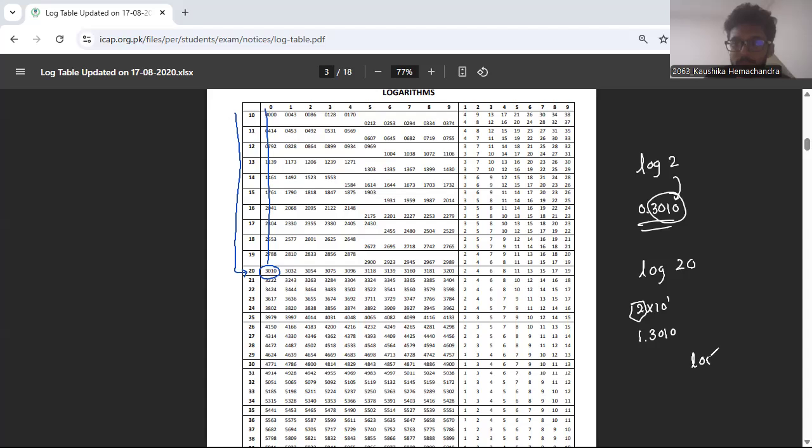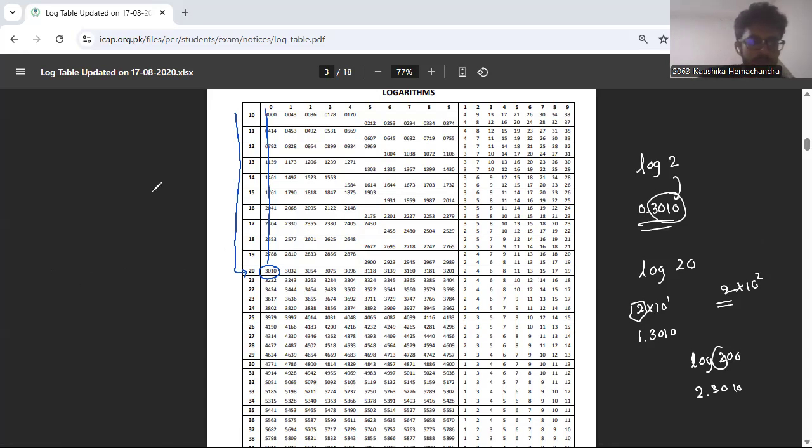Then if it was 200, you get two zeros, so write 2 first. That's the amount of 10 to the powers, not decimal places, when you write it in standard form. So 2 point, as it's 2 into 10 to the power 2. This 2 you write as 3010 again. That's how you get the log value.